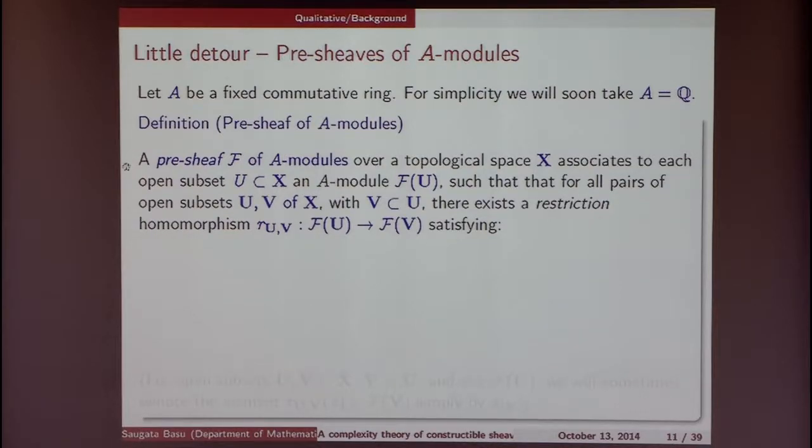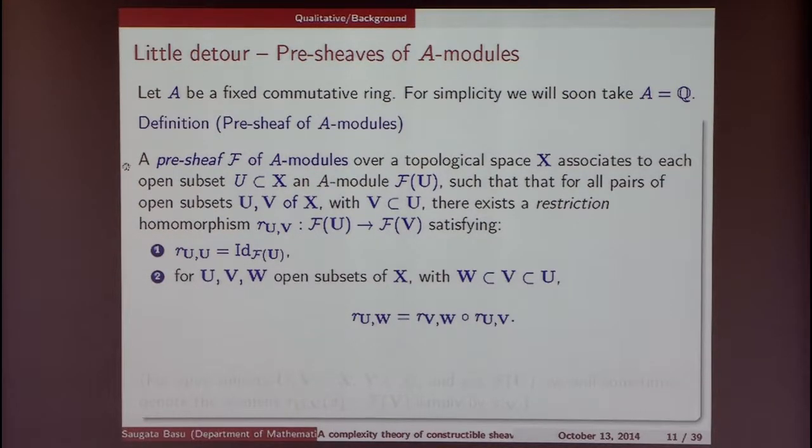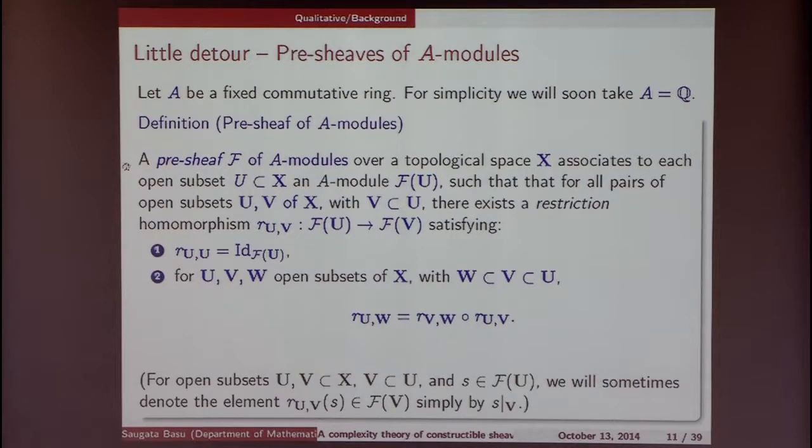And for every V contained in U, there is a homomorphism of the corresponding vector spaces, and it should satisfy the obvious conditions that you expect it to satisfy, namely the restriction from U to U should be the identity, and they should compose properly. So if W contains V contains U, then the restrictions compose.